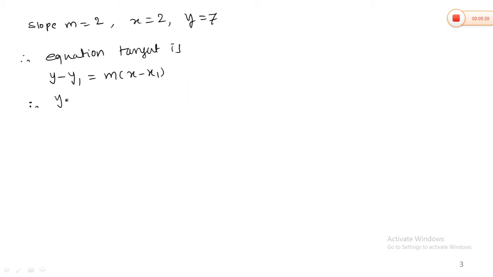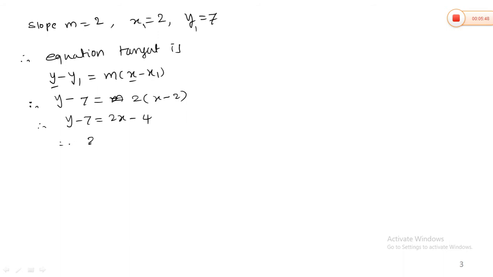Here y1 is 7, and this is the obtained point, that is x1 y1 becomes 2 comma 7. You should not confuse this with the general point x and y. So x1 y1 means the values. Here m is equal to 2, x minus 2. Therefore y minus 7 equal to 2x minus 4.